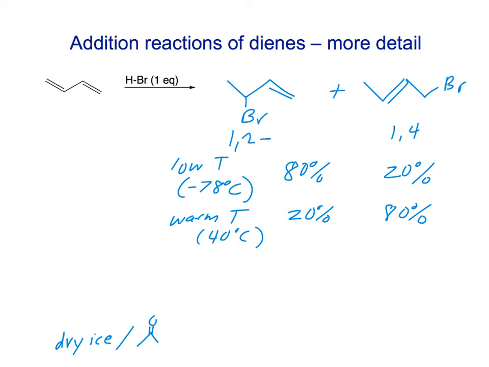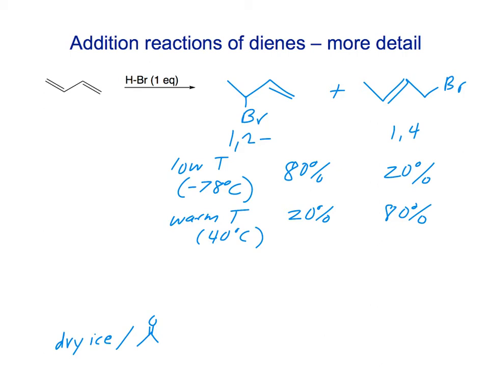What we're going to do first, like any electrophilic addition of an alkene, the first step is to protonate the double bond. Just like with any other alkene you've ever worked on, we're going to protonate the diene to yield the most stable carbocation.